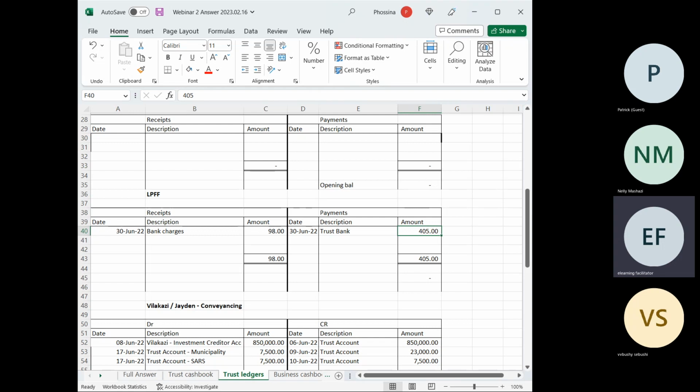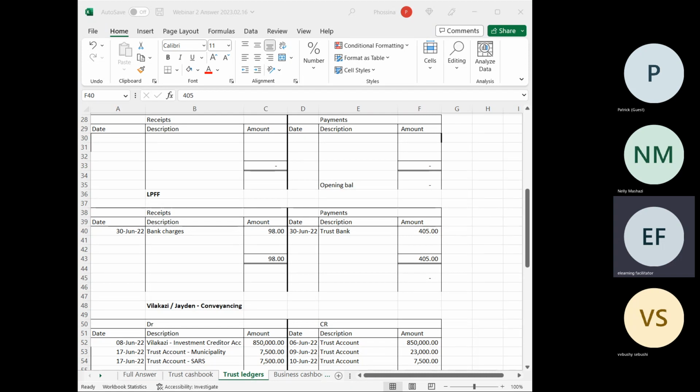Okay, so for our conveyancing transaction, I think we had covered most of it, but I'm just going to touch on it. The firm is instructed to transfer a property from Mr. Jayden to Mrs. Vilakazi. On 6 June 2022, the firm received 850,000 from Mrs. Vilakazi for the purchase of a property.